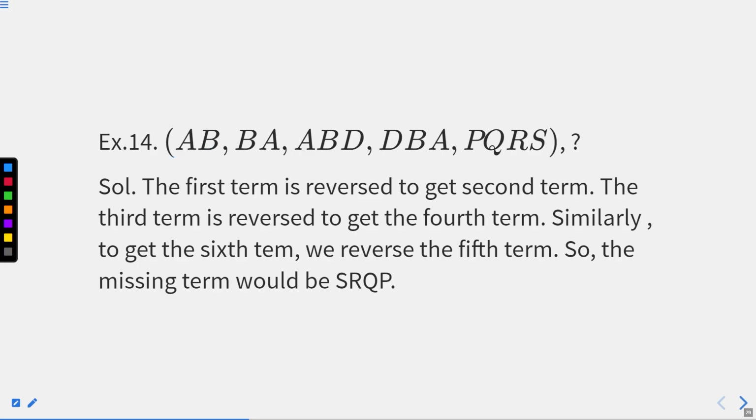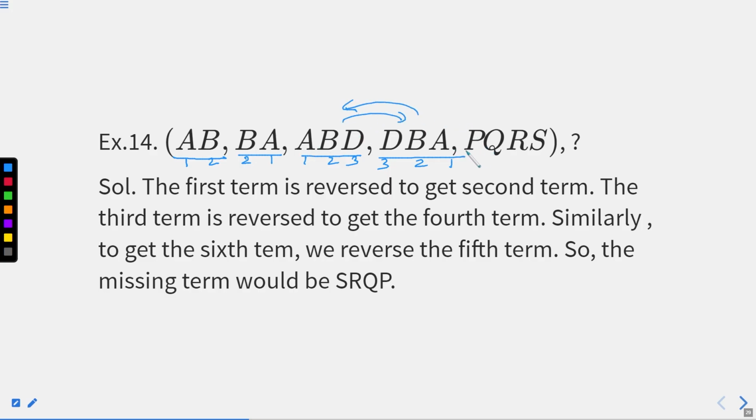Okay, now I'm starting with this. The first is AB. Then we get BA, then ABD, then DBA. So what exactly are we getting? Here 1, 2. Here 2, 1. 1, 2, 3. 3, 2, 1. We are just reversing it, right?